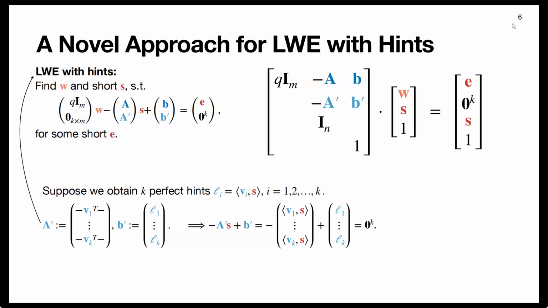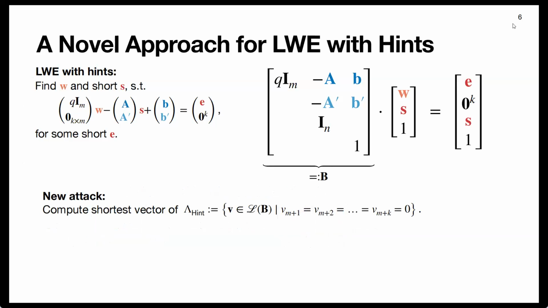But we didn't stop here, because we have even some more information. We know that the vector that we search has all zeros here. So instead, let's call this lattice B. And then what we really want to do is compute the shortest vector of the sublattice of the lattice generated by B, namely the sublattice that has only zeros in the coordinates n plus 1 onwards, because we know that the vector we're searching for lies in this sublattice.